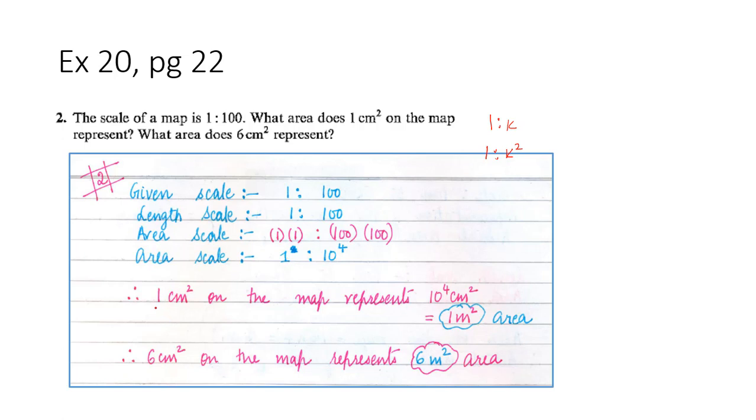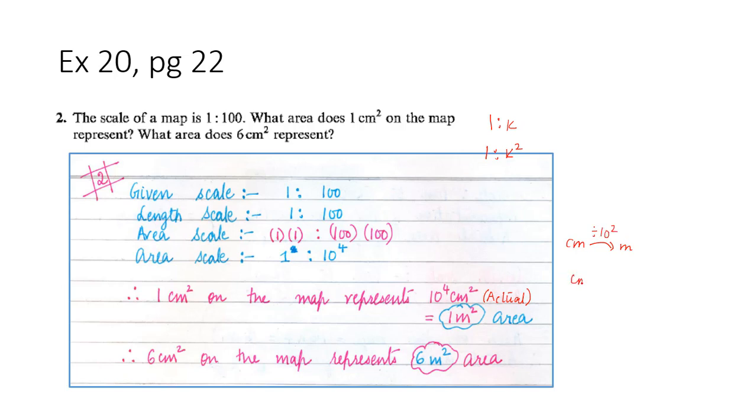So our conclusion is 1 centimeter square on the map will actually represent 10 raised to the power 4 centimeters square in the actual area. So this area is the actual area. Now we know 10 raised to the power 4 centimeter square is the same as 1 meter square because the conversion from centimeter to meter goes as divided by 10 raised to the power 2.